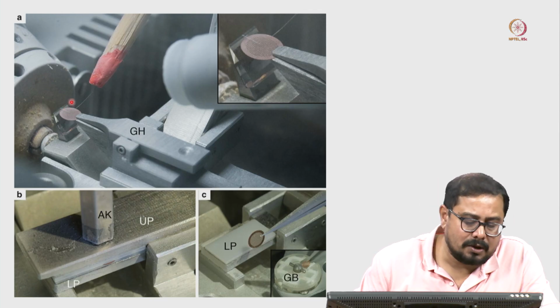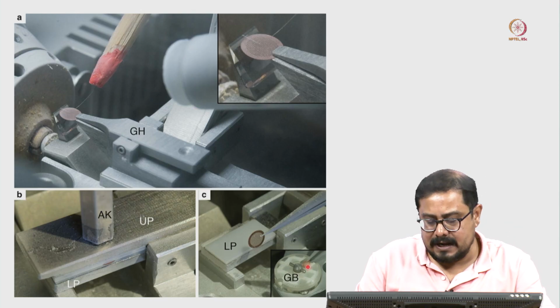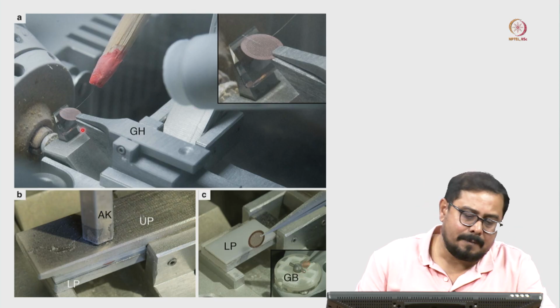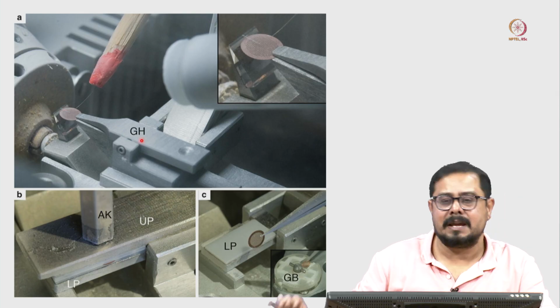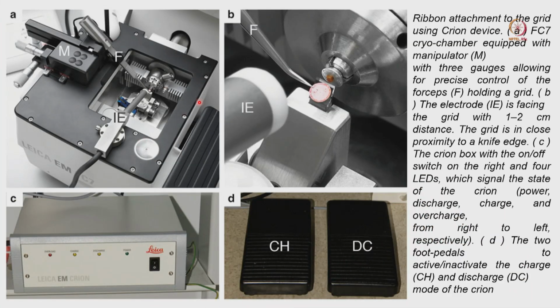If we are doing the entire process in the presence of liquid nitrogen, the grid should be placed in the grid box immediately after placing that ribbon on top of it, and the entire exercise should be done under liquid nitrogen condition. Here we are showing you the entire view of how it looks.